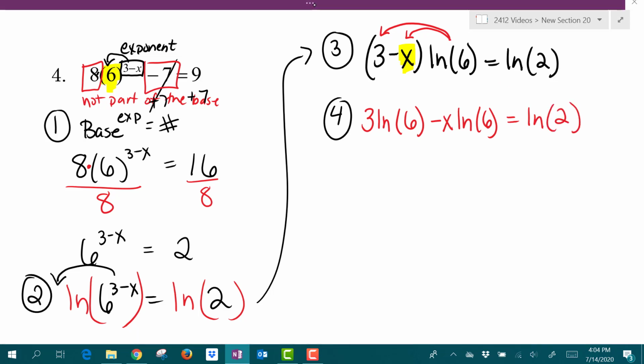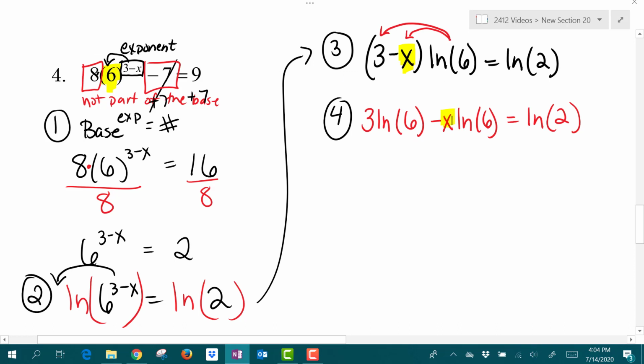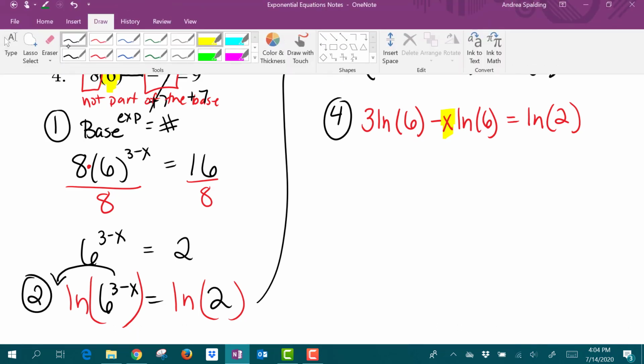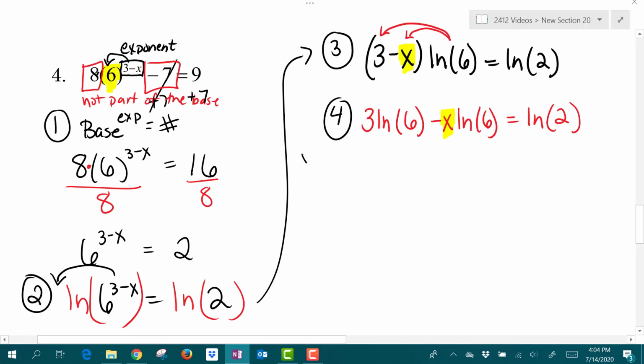All right, so my goal is to get x by itself. So I want to get that totally alone. So we're going to bring all the x terms to one side, numbers on the other. The only term that has an x in it is this one. So I'm going to move any term that doesn't have an x to join other terms that don't have x's.